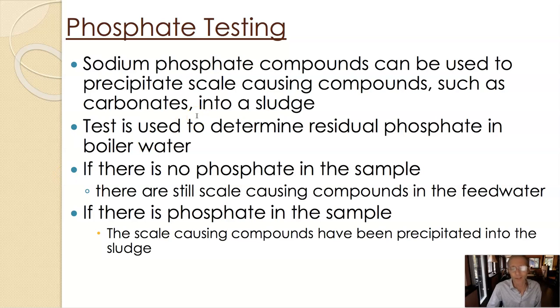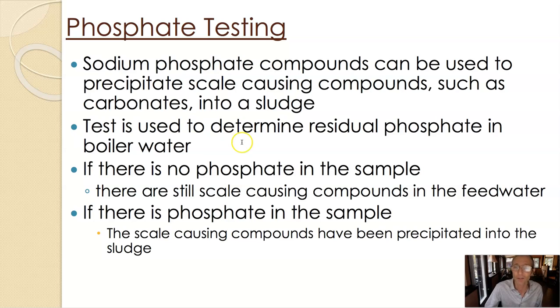Phosphate testing, and we don't use phosphates in our boiler, but what phosphates are used for, as we mentioned earlier, they're used to precipitate scale-causing compounds into a sludge. Okay, so that means in order to make sure that the sludge is kept moving, that we need phosphate in the system at all times.